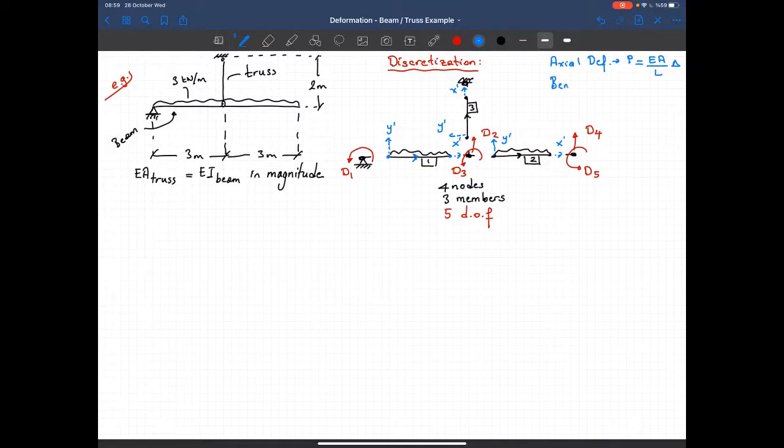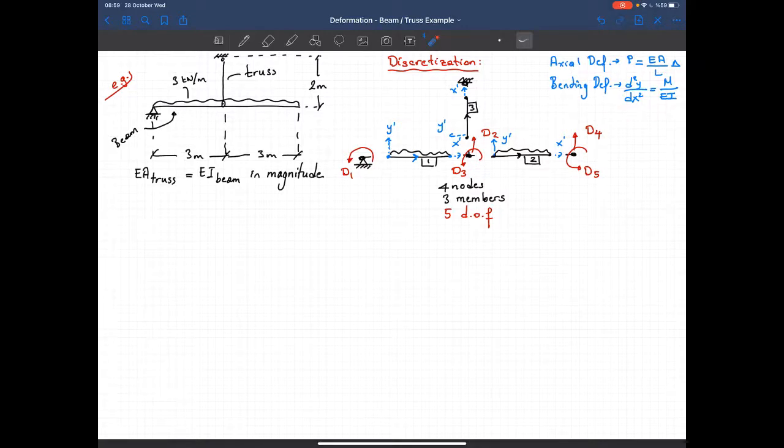And for the bending deformation, we have a differential equation: d square y, y being the transverse displacement, over dx square is equal to M over EI. In order to solve the axial deformation equation, I only need to know the axial force, and that's it. But in order to solve the second order differential equation, I have to know the moments, and I need to know two boundary conditions. That's the only way I can solve this equation.